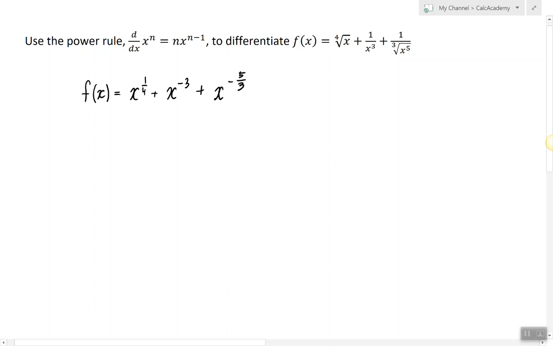And to find the derivative of this function, I'm going to first use the property of derivative that says that the derivative of the sum is the sum of the derivatives.